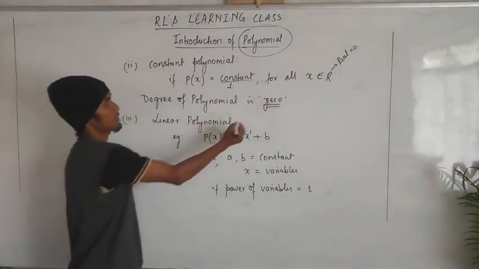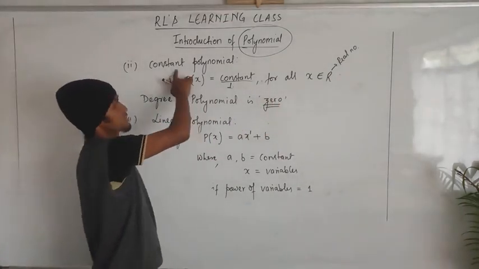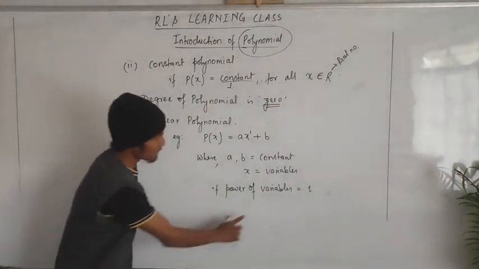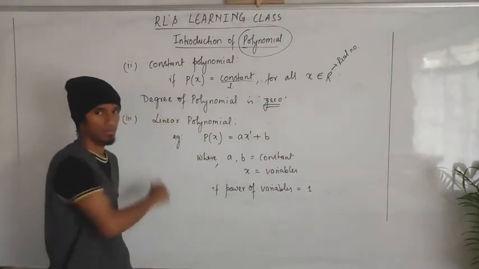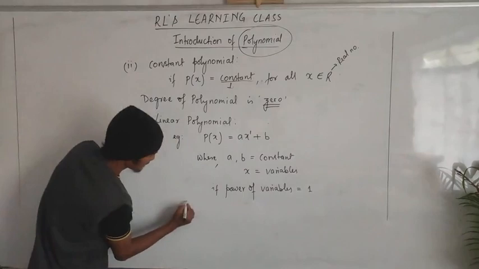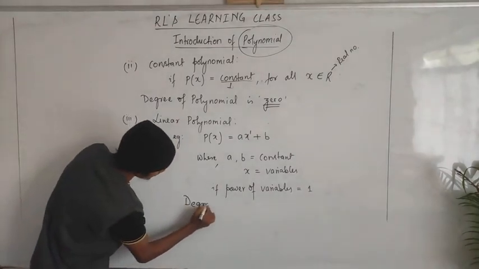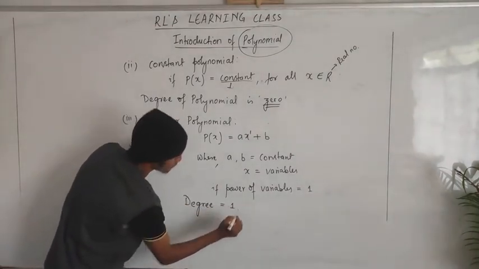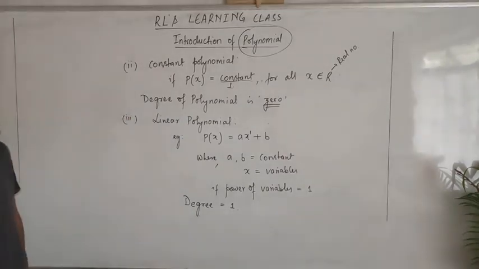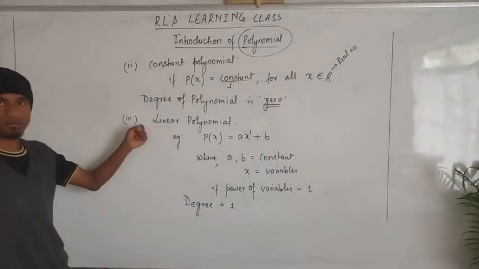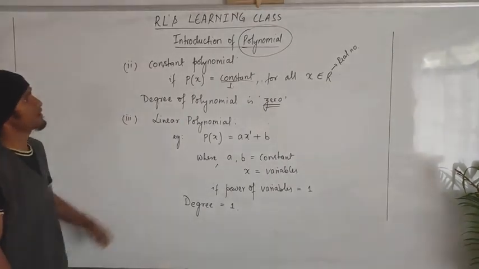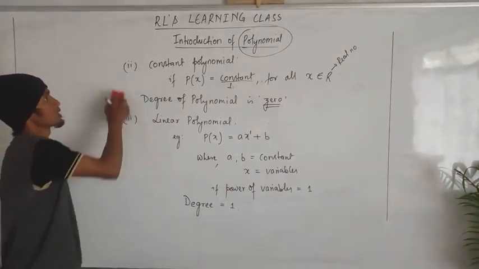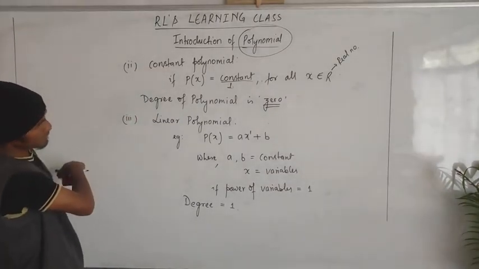If the power of the variable is 0, then it will be a constant. If the power of the variable is 1, then it is called a linear polynomial. And the degree here is equal to 1. You will study linear in the next part after polynomial. Then now come to number 4.